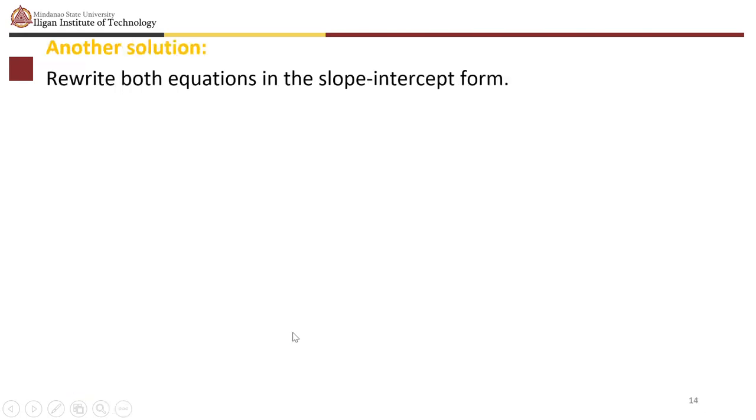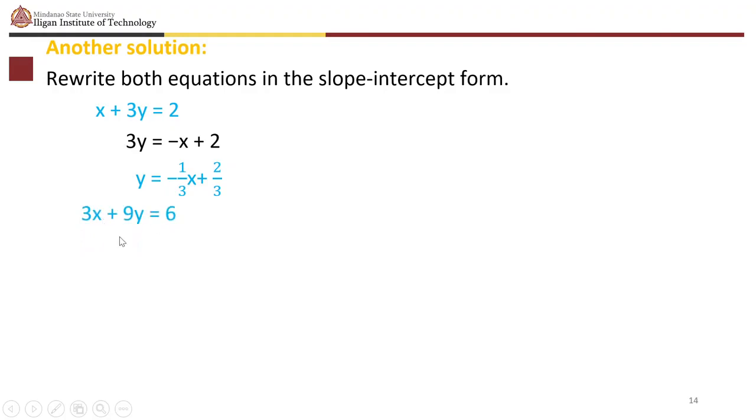The other solution would be to rewrite the equations in slope-intercept form. If you have x plus 3y equals 2, then 3y equals negative x plus 2, and y is equal to negative 1/3 x plus 2/3 when you divide both sides by 3.